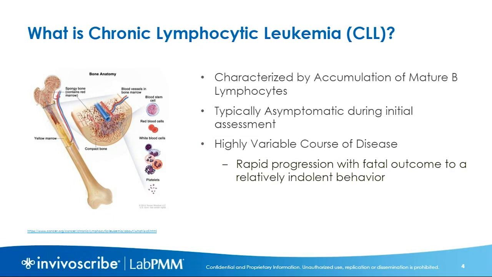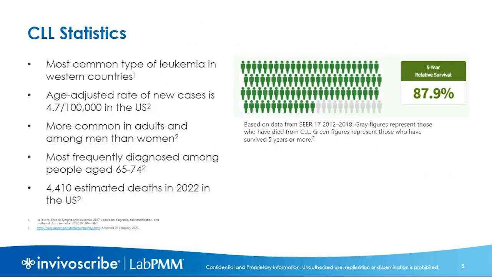It has a highly variable course of disease, and most of them are indolent, but it's only until recently that we have unleashed our armamentarium of different predictive and prognostic ancillary tests. It's the most common type of leukemia in Western countries.